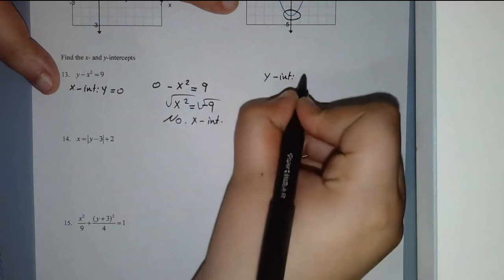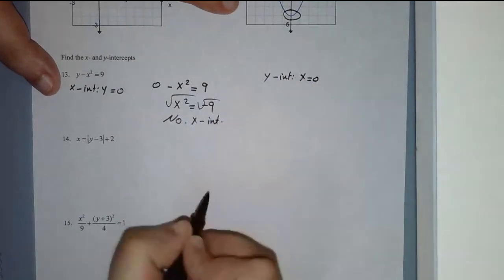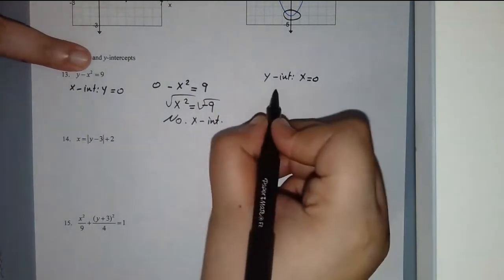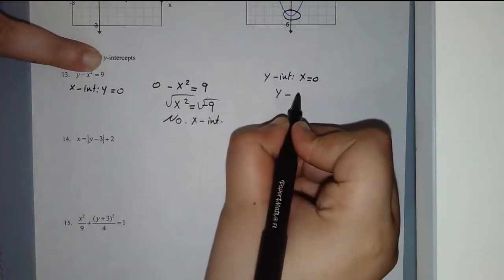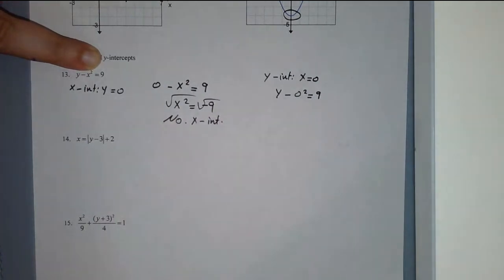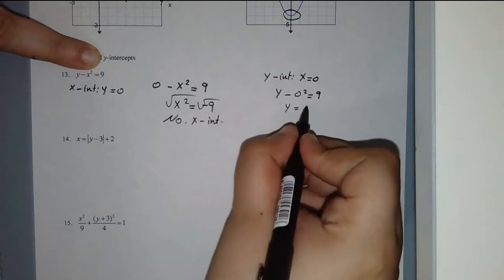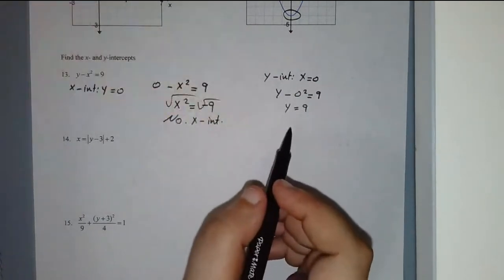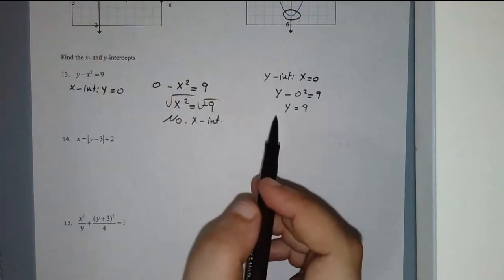So in terms of the y-intercept, x has to be 0, right? The other one has to be 0. So here's my equation. y minus x is 0, right? So 0 squared equals 9. 0 squared is still 0, so this doesn't matter. Basically, y equals 9. Simple enough. If you stop here, you didn't do everything. This is not the final answer.